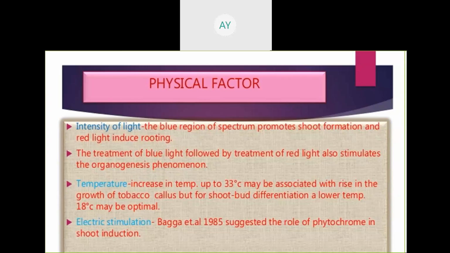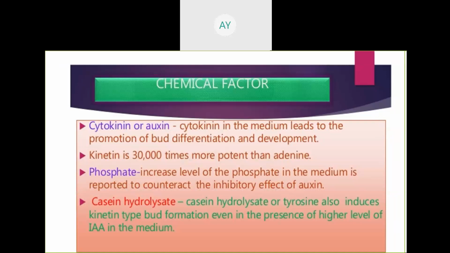Then we can also use the phytochrome, which takes the light for formation of flower bud, for flowering, for anthesis; that plays a vital role. Next is chemical factor. I have already discussed these things.